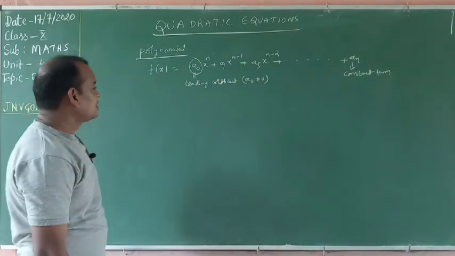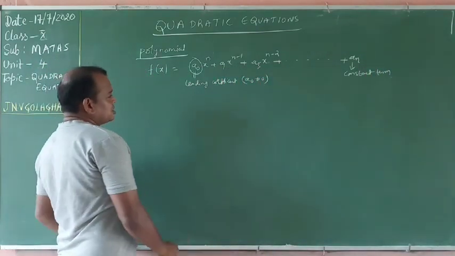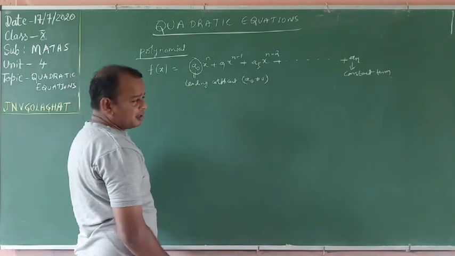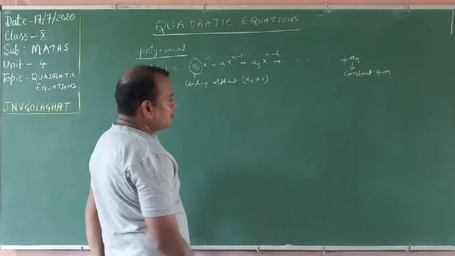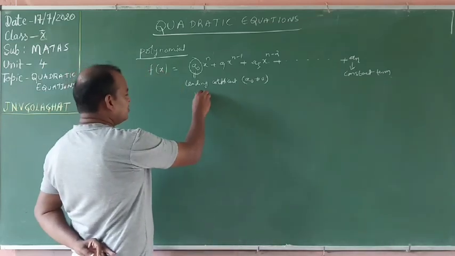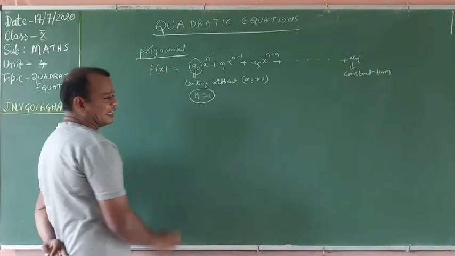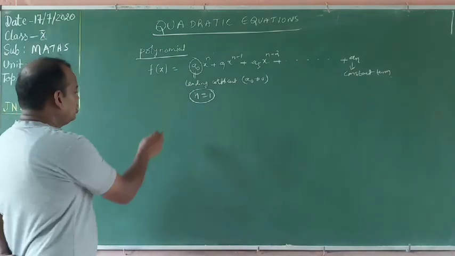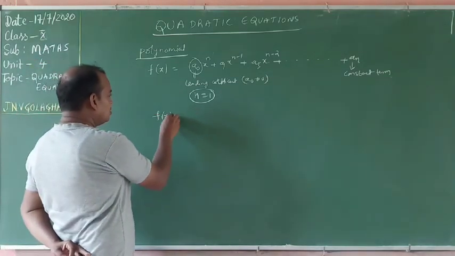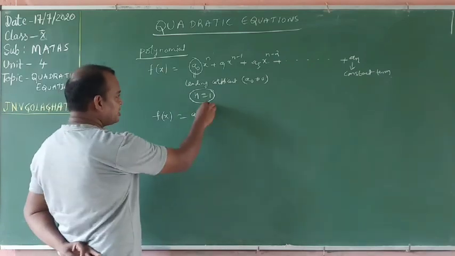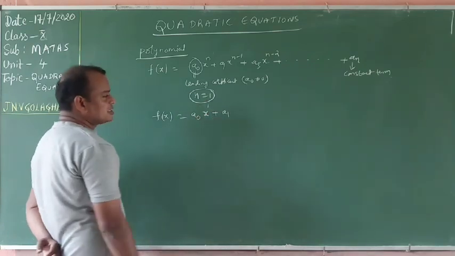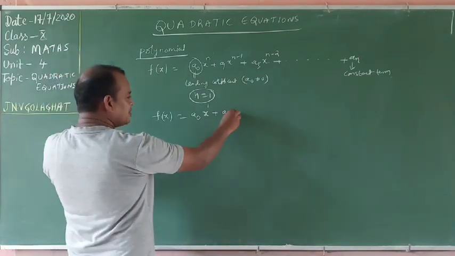Constant term. Now, in this one, n is a natural number, starting from 1 up to n. Suppose n is equal to 1. Now, f of x is equal to a0 x power 1 plus a1 x power 1 minus 1, which means x power 0.